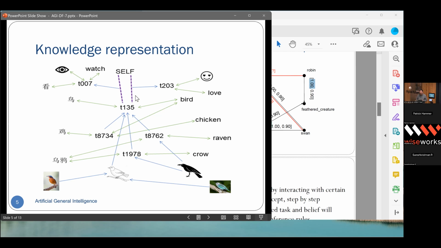You see that I deliberately picked something that doesn't make any sense. It's just an internal ID. So for example, this one, as you can guess, this T135 intuitively corresponds to the concept of bird, if we talk about it in English. This one forms relationships with other concepts as well as with their natural language representation.